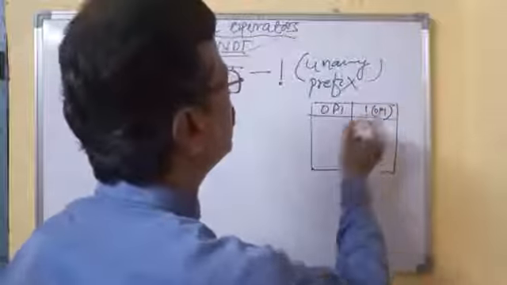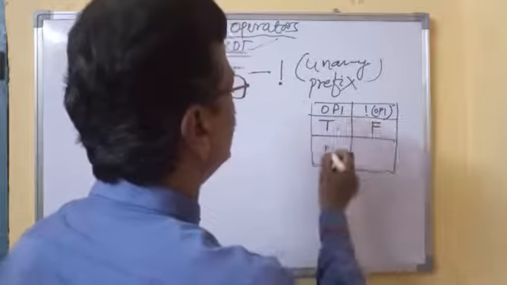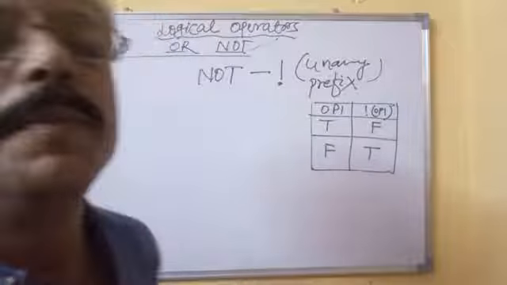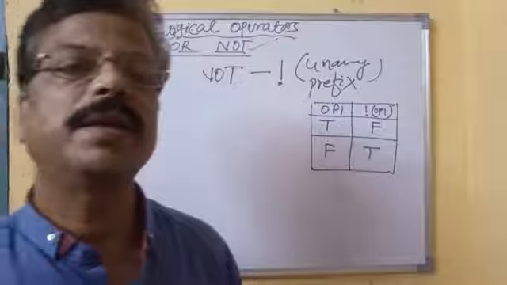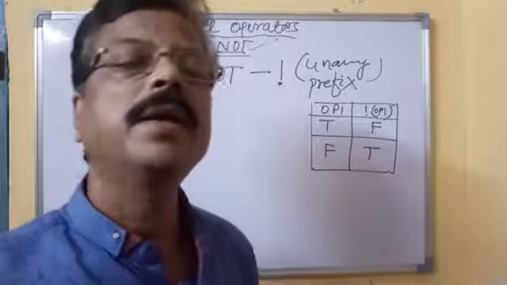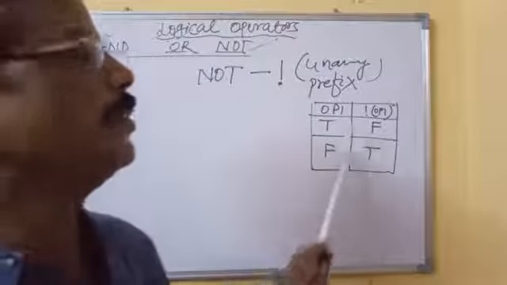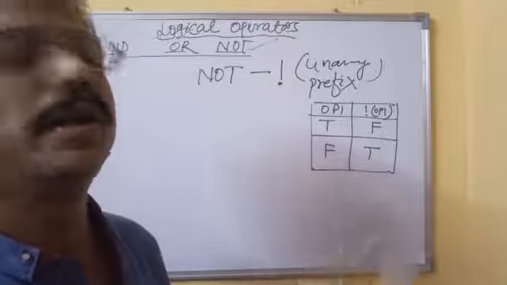If this one is true, then the answer will be false, and if this one is false, then the answer will be true. 4 options will not come here because those are for binary operators, where 2 operands are required. That is why there are 4 alternatives. But here only 2 alternatives, because only 1 operand is used.